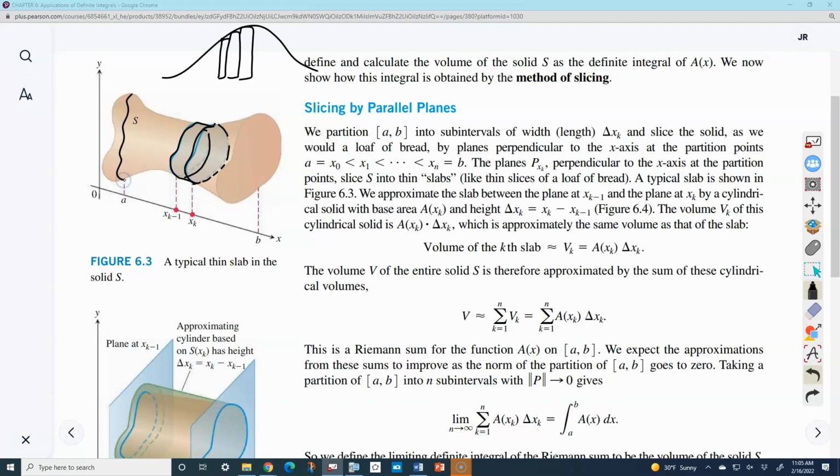Let's say we have this, and then we have this. You can see that there's definitely a big difference between the area here and the area here. But if we're here and here, the area is not as much different because we're closer together. And if we get even closer, then the area would be even closer to being the same at both ends of that slice.